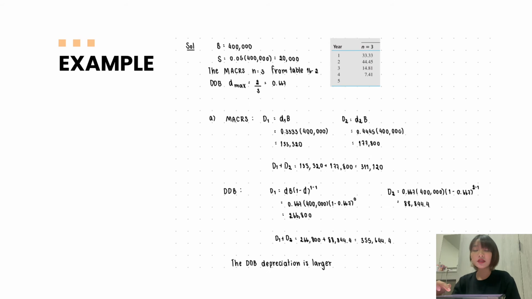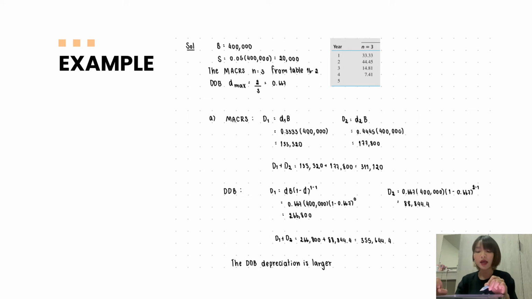Solution: B is equal to 400,000 and S is 5% of B, so it is equal to 20,000. The MACRS N is equal to 3. For DDB, the depreciation rate is equal to 2 divided by 3, so it equals 0.667.